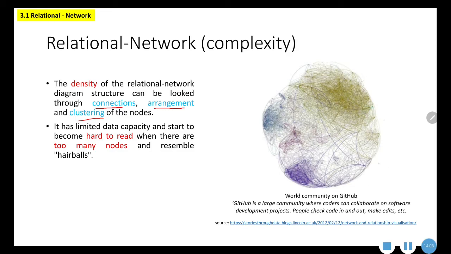For example, if you make changes to one piece of software program, maybe another coder from India does changes, and then 3 minutes later, someone from Russia or the US does some changes to that particular segment of the coding. So this shows the relational network of the activity of computer scientist coding. It becomes very haywire, and that's why we call it a hairball.